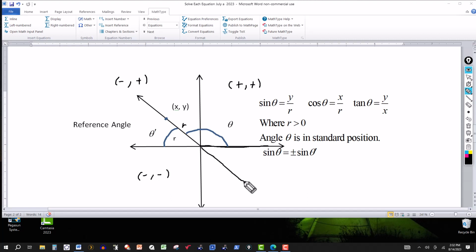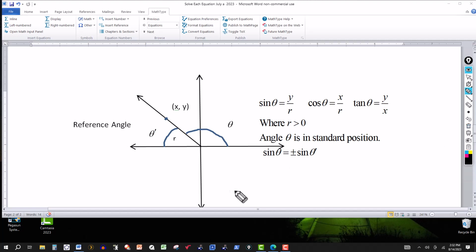And then if the angle is somewhere over here in quadrant 4, we go to the right, so the x is positive. Then we go down, the y is negative. So the signs of those points will determine whether you have a positive or a negative value for the trig function value of that angle. That's something that you need to be aware of to solve these types of problems.